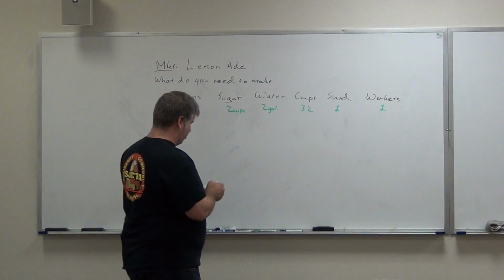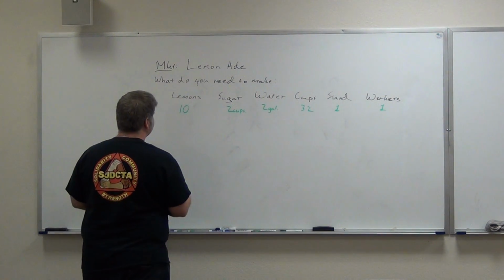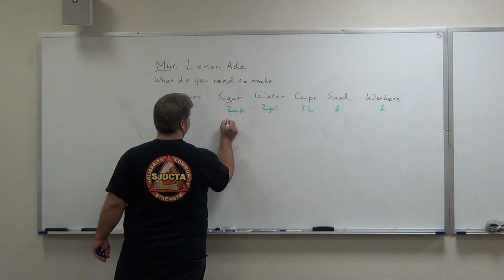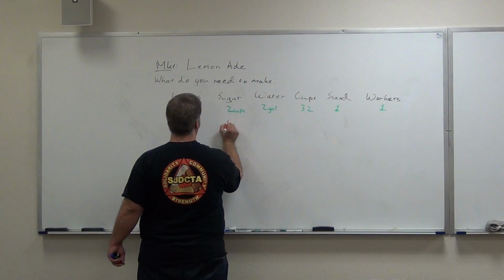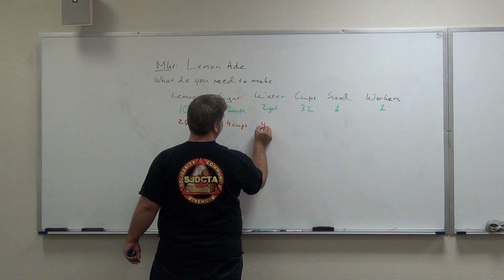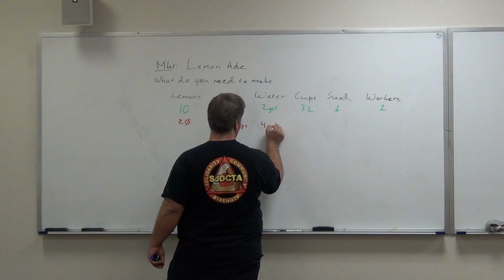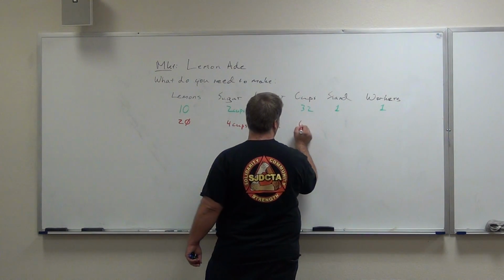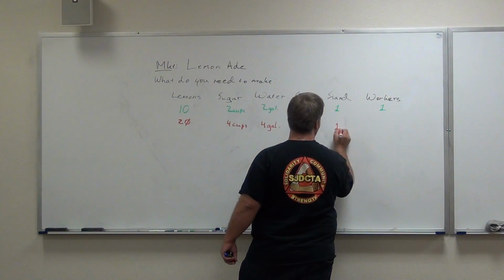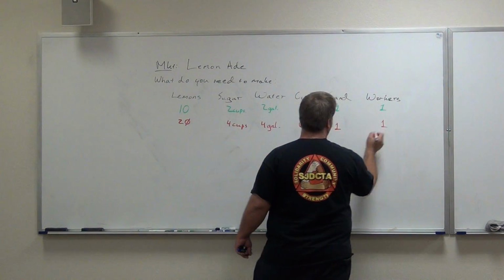And then you had some more data. The next data was 20 lemons, 4 cups of sugar, 4 gallons of water. We get 64 cups, with 1 stand and 1 worker still.